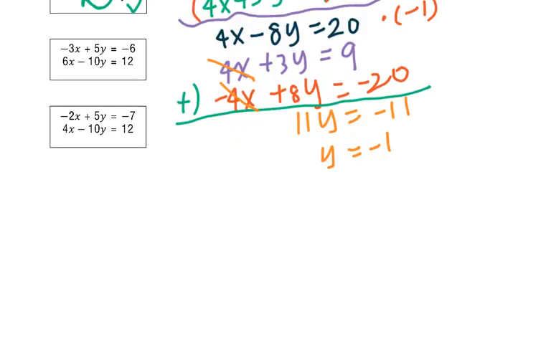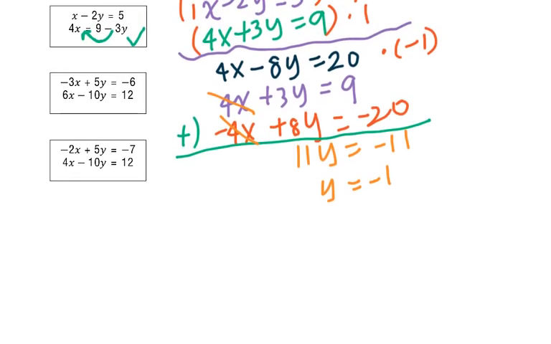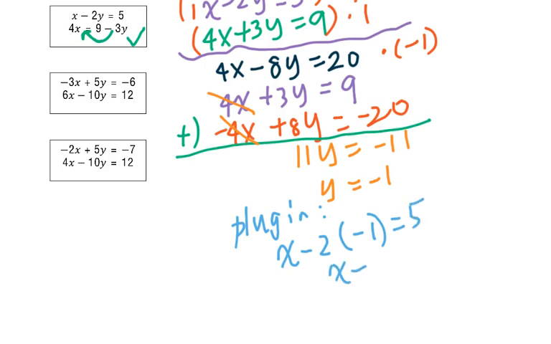Then I plug into the original equation. I will get x minus 2 times negative 1 equals 5. x plus 2 equals 5.